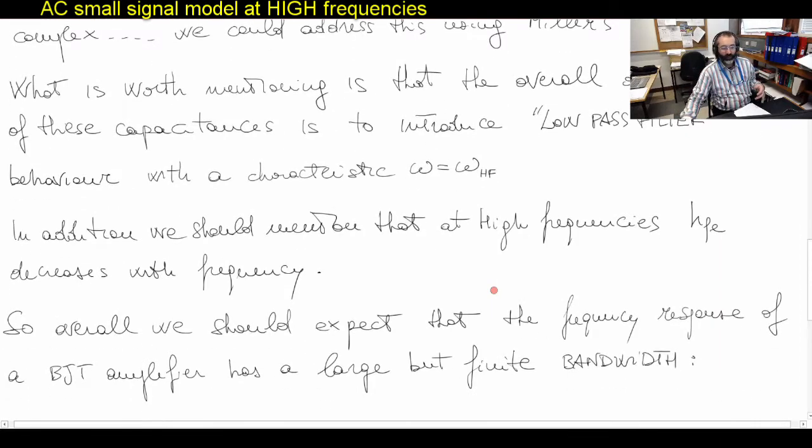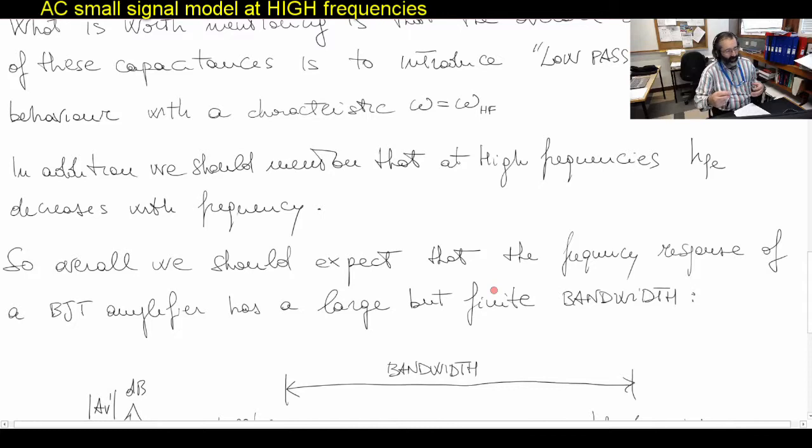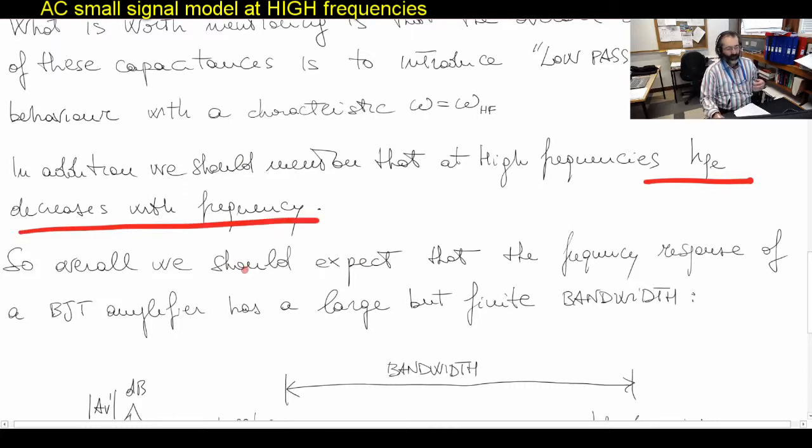On top of that, there's one more thing happening at high frequency, which we didn't mention until now: h_FE will start to decrease. So h_FE drops at high frequency.